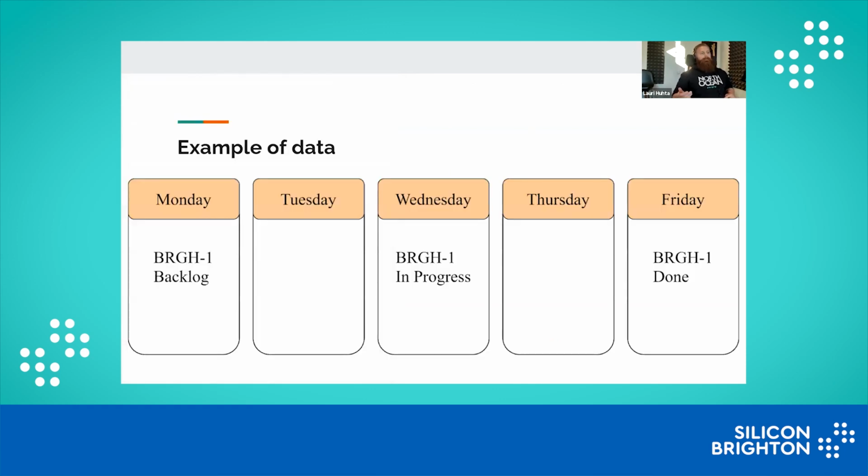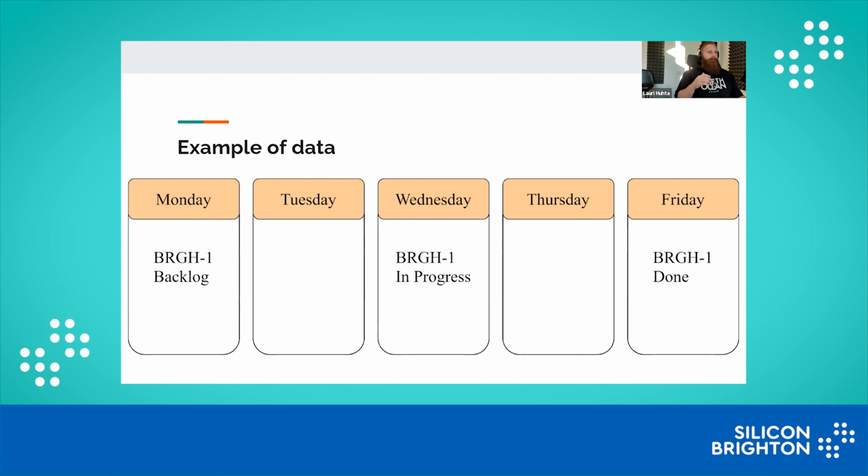So let's think of an instance where you are just starting a new project in Jira and you want to create a ticket. On Monday, you create a ticket and automatically it goes to backlog. But no one is working on it, so we only get that one data row into the database. On Tuesday, no one is still working on it, so we are not getting any new data out of it.